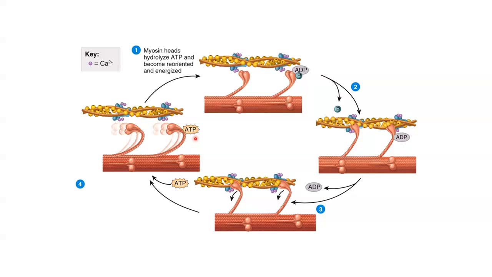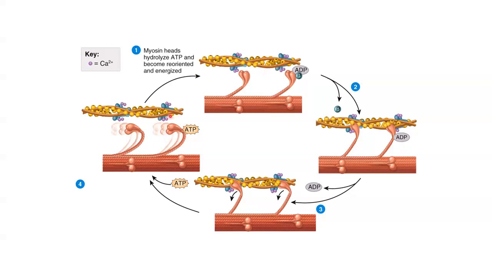The breakdown of ATP causes the myosin heads to move from this position into this position here. In this position, they're now ready to bind to the actin, and that's why we call this position reorientated and energized, because they're ready to bind to that actin.